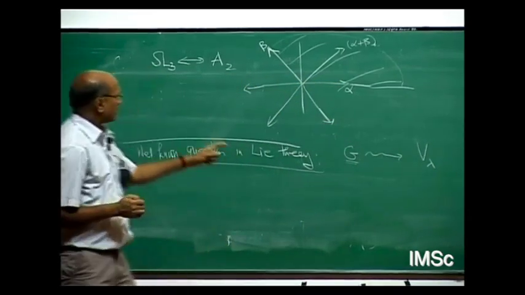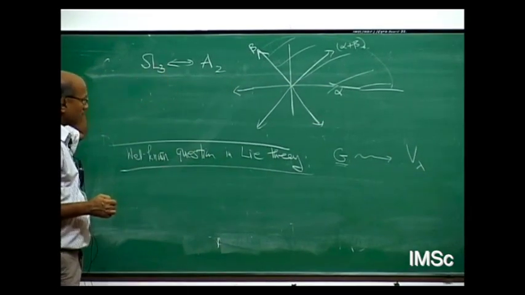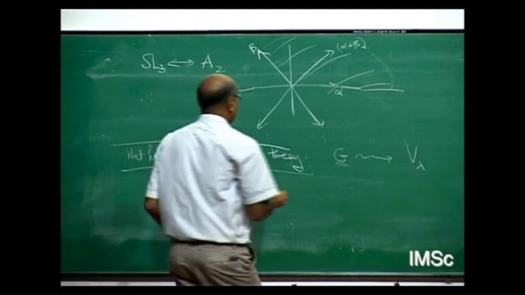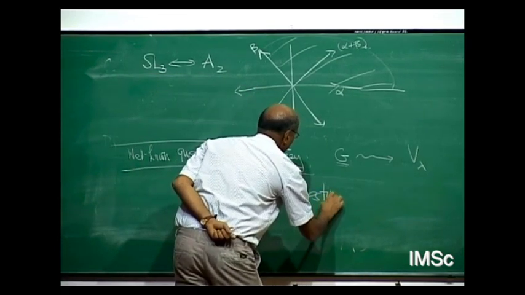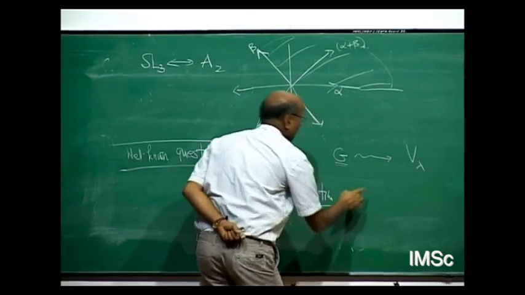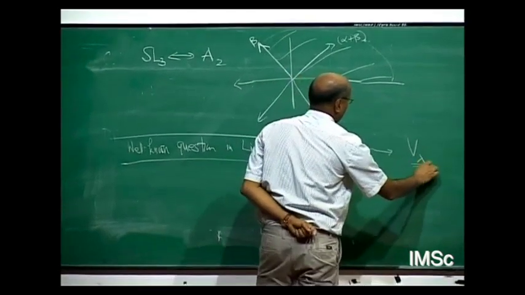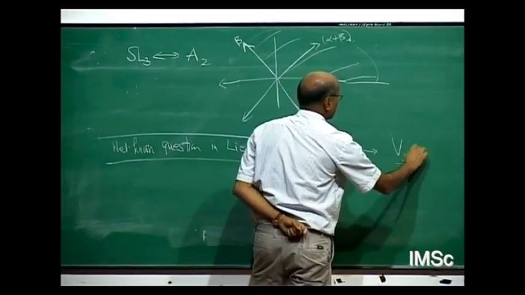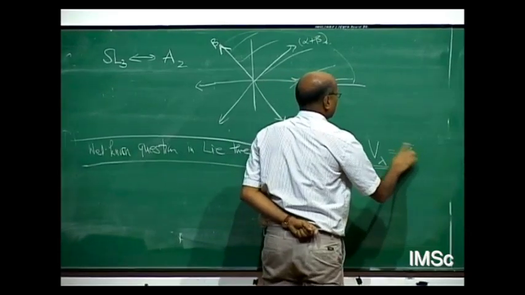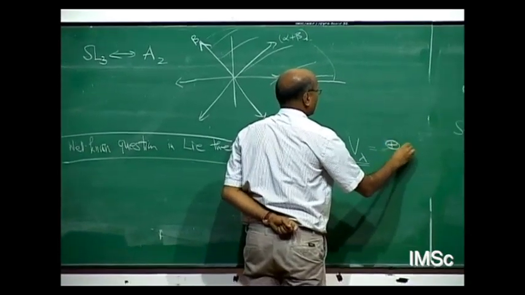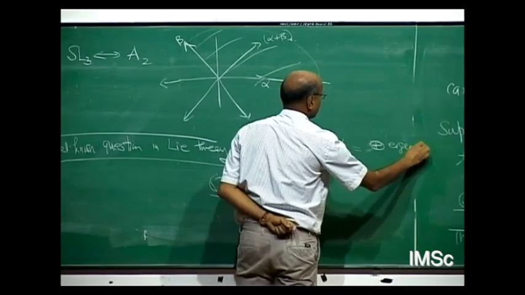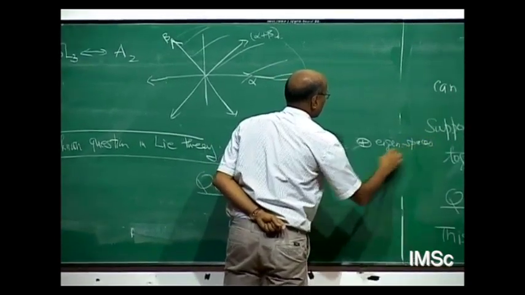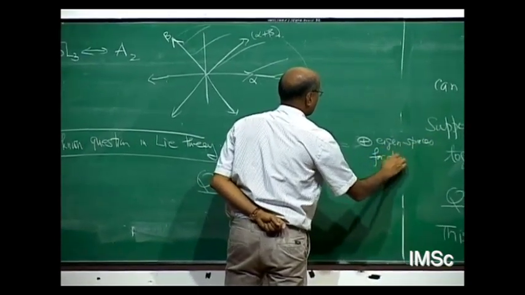These are parameterized by some lattice points of this kind. And the question is that these V lambdas decompose as a direct sum of eigenspaces for the diagonal torus.